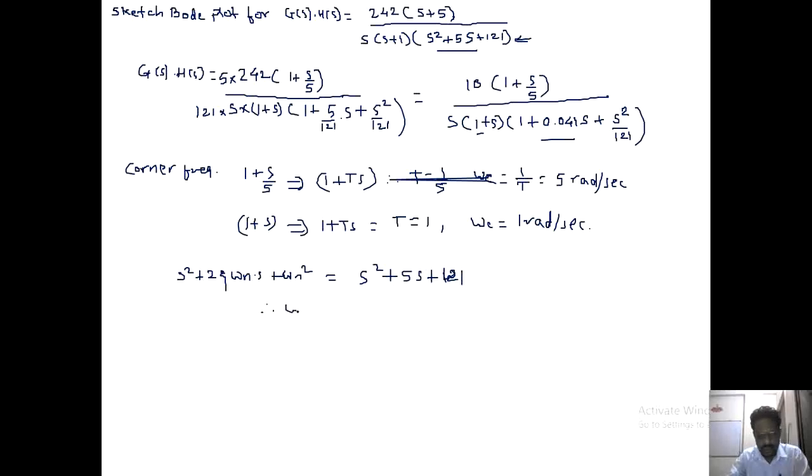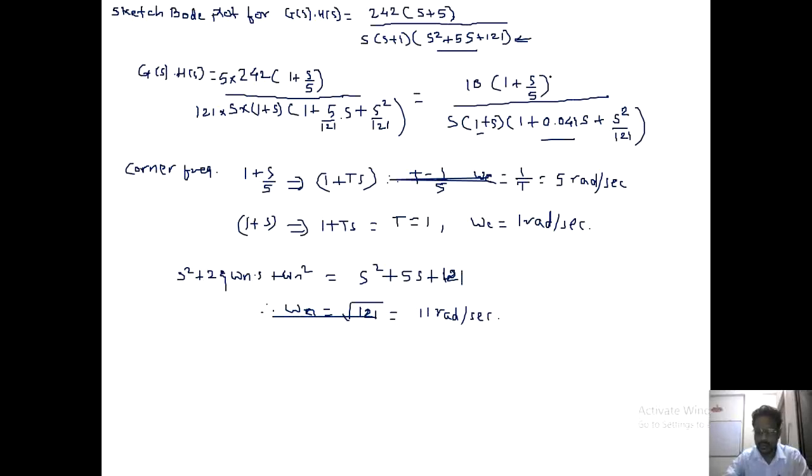Here omega is nothing but the frequency called the corner frequency. So omega c or omega n has the same meaning, corner frequency. So omega n is the square root of 121 because omega n square is 121. So we will get 11 radian per second. Okay, so corner frequencies of all the parameters available in the question have been solved.